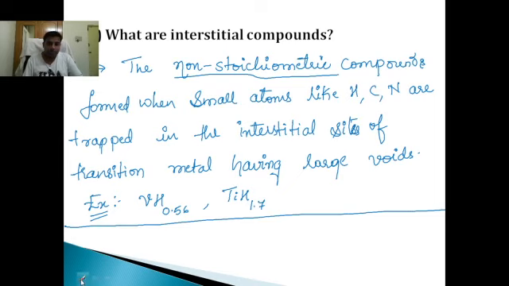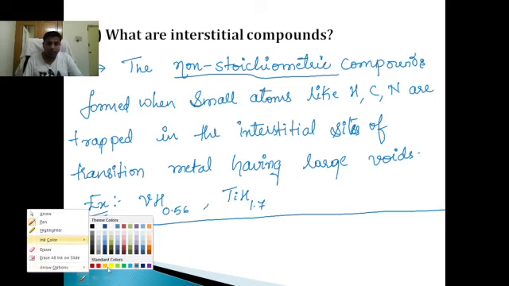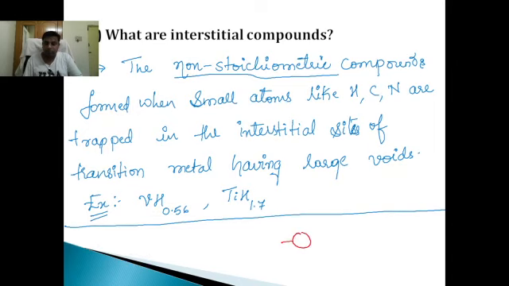If this is the interstitial sites of the transition metals, then in these voids small atoms like hydrogen or carbon are trapped.